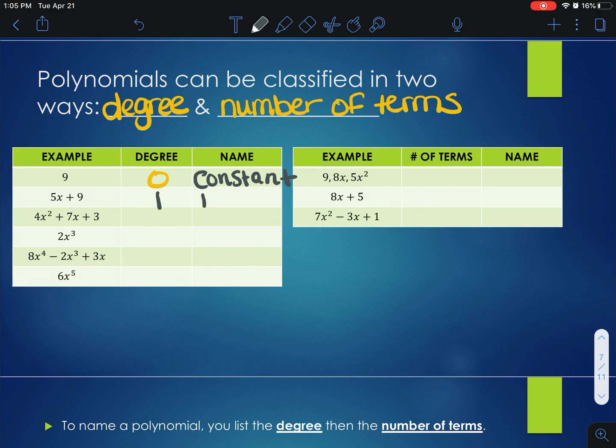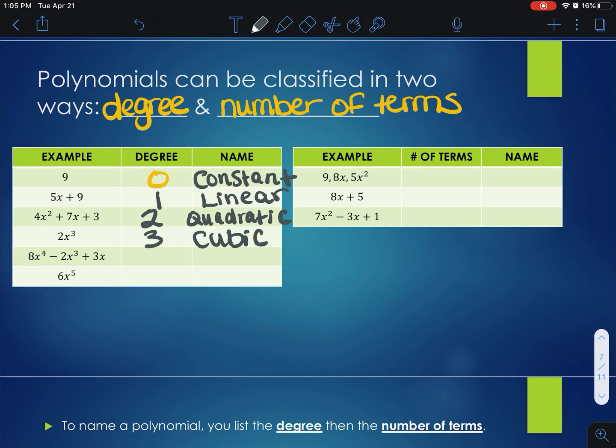So it is linear. On number 3 here, 4x squared plus 7x plus 3, the highest degree is 2, and that is called a quadratic. 2x cubed, the degree is 3, and that is a cubic.